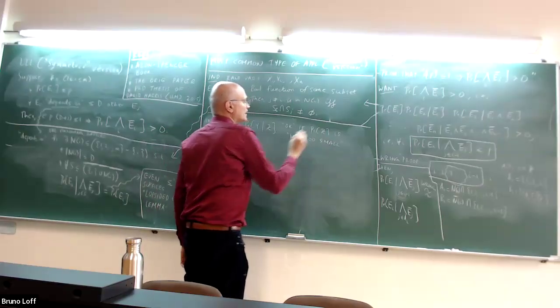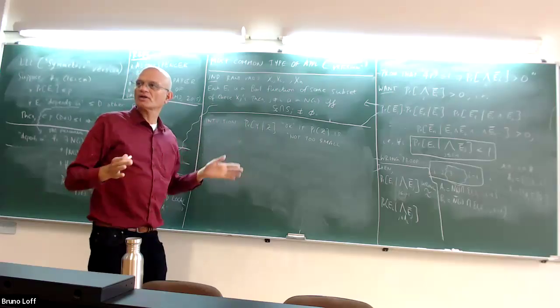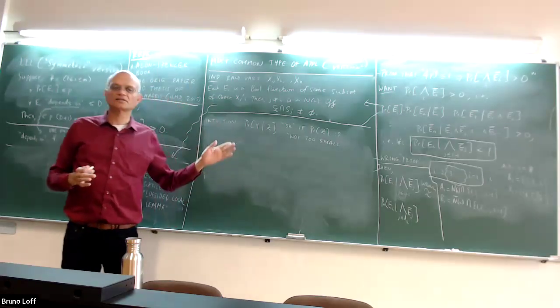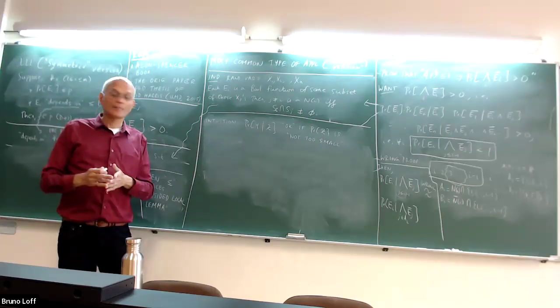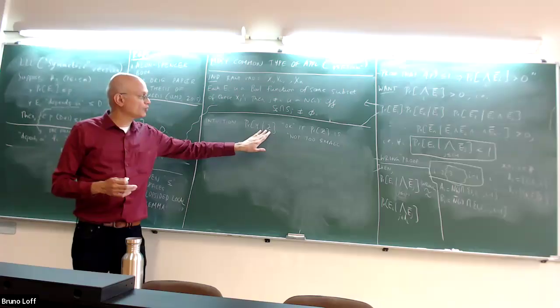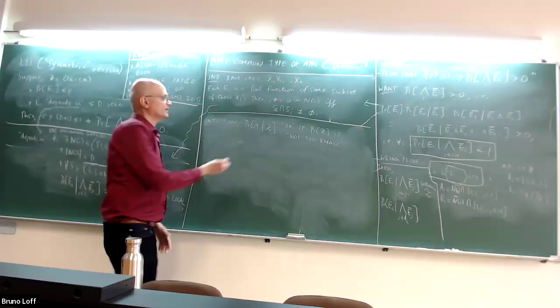If you're conditioning on something with probability too close to 0, all kinds of crazy stuff can happen. This conditional probability can be very different from the unconditional probability. But if the probability of what you're conditioning on is not too small, we can do something.